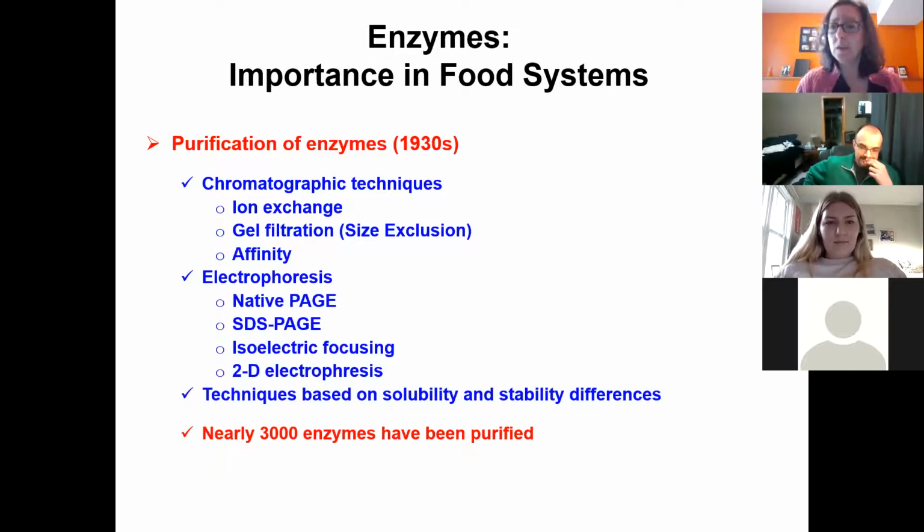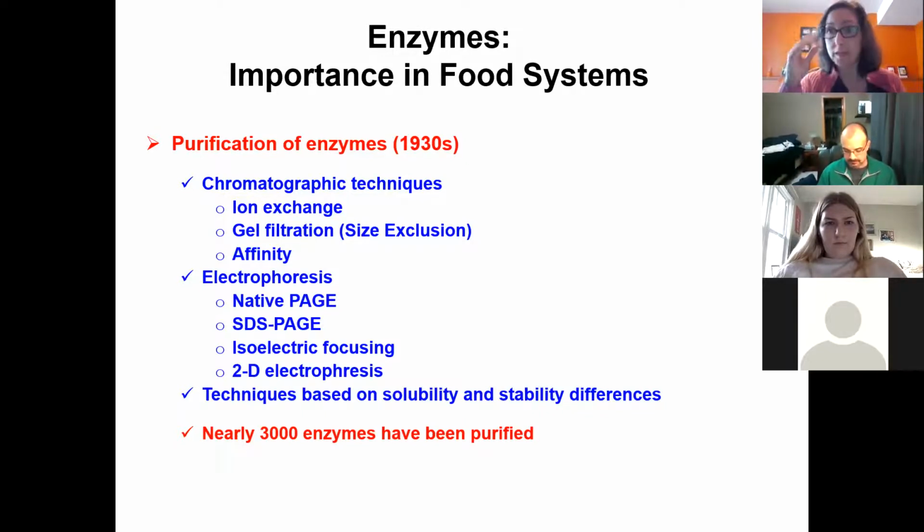All right, so purification of enzymes started in the early 1900s, mostly in the 1930s. There was a boost of isolation of enzymes, characterizing them, understanding them, giving them names and understanding their activities and function. The way they purified, chromatographic techniques, electrophoresis, we talked about all of those earlier, and also solubility techniques.